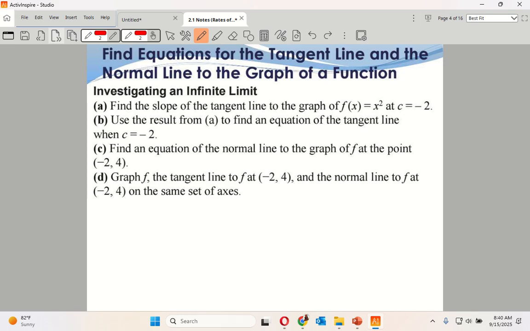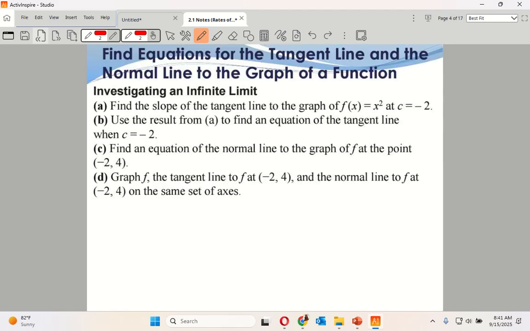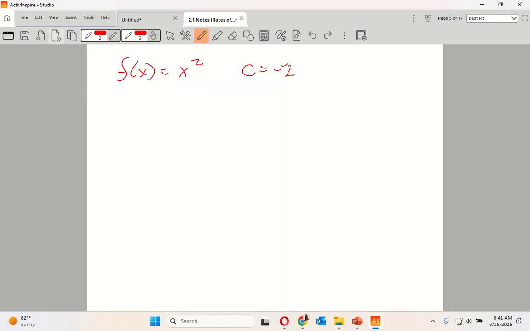All right, find the slope of the tangent line to the graph of x squared at c is -2. Okay. -2. All right. Now, a couple different ways of doing this. This is the easiest way.